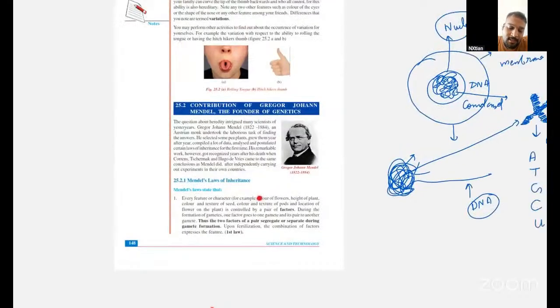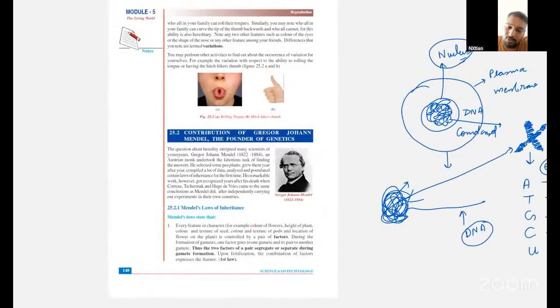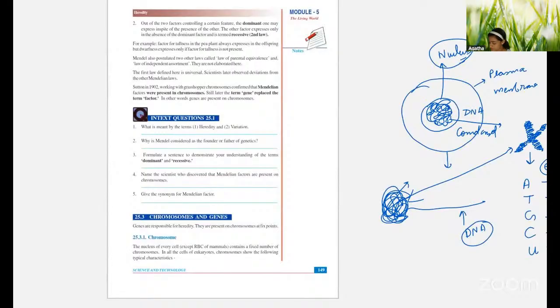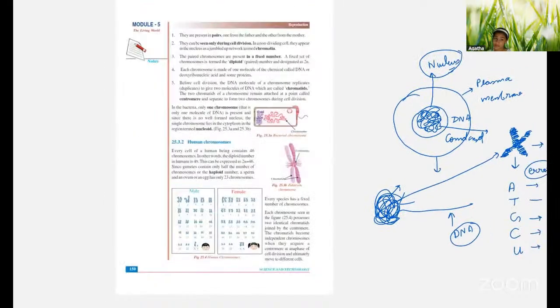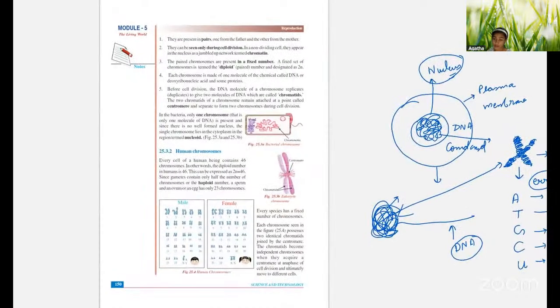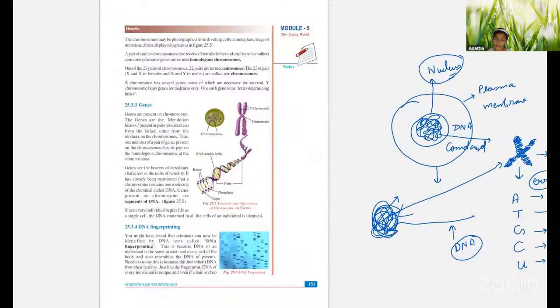Just give me a second, like how it is discussed. Let me check. So variation is the difference that comes from the error when the daughter cell is trying to copy the DNA of its parent.